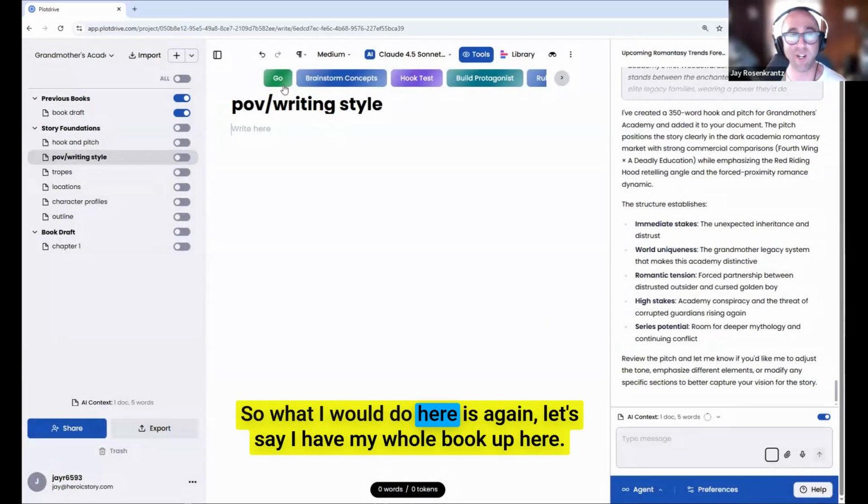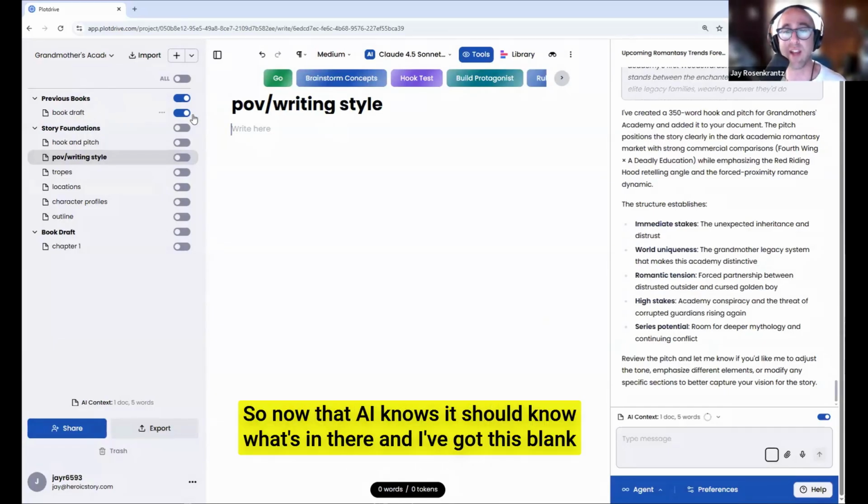So what I would do here is, again, let's say I have my whole book up here. I've got it toggled on, so now the AI should know what's in there. And I've got this blank document.